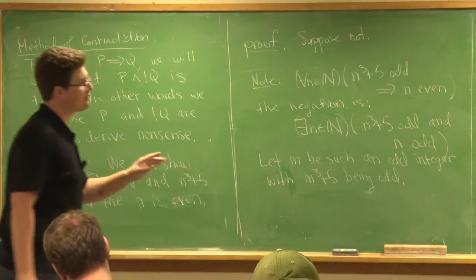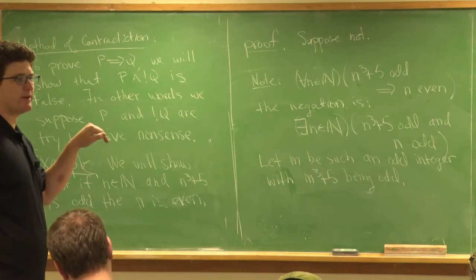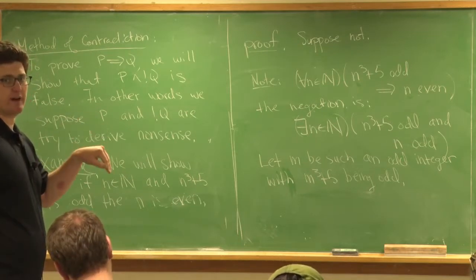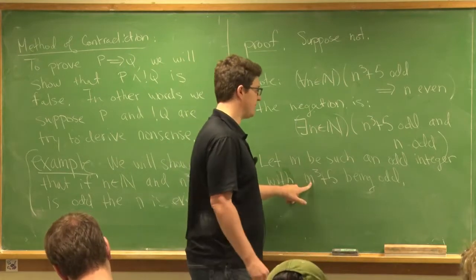Okay, and so by the remark that I said, m to some power is odd if and only if m is odd, we know that this thing must be odd.